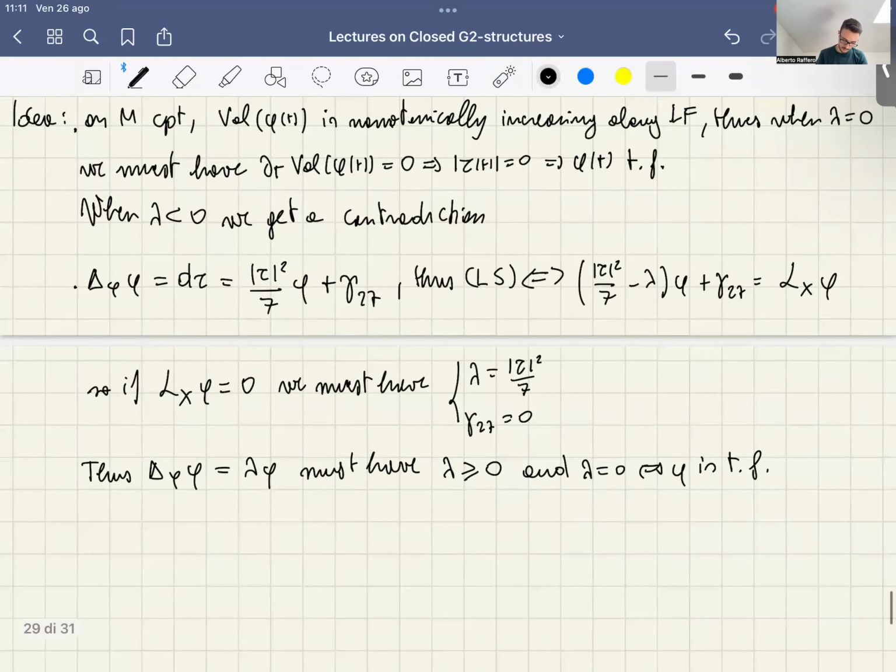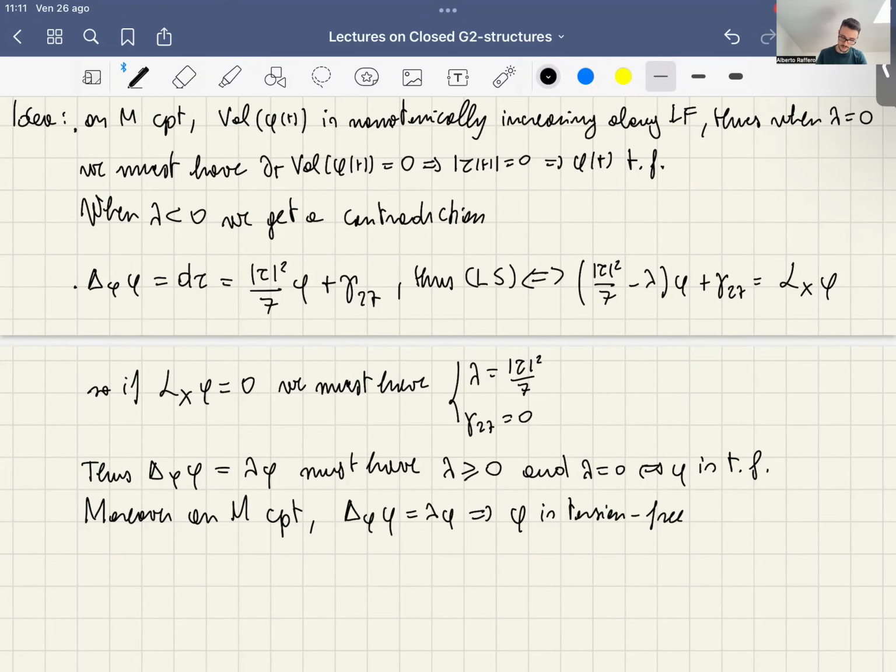And moreover, you can show that on a compact manifold, an equation of the form Laplacian of phi equal lambda phi implies that phi is torsion-free.